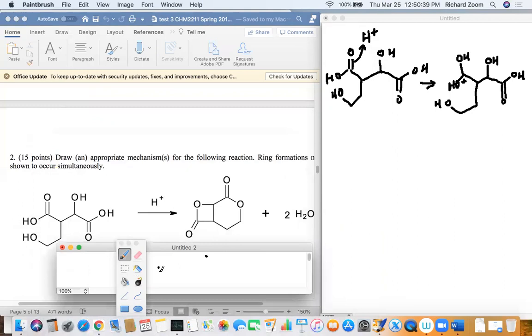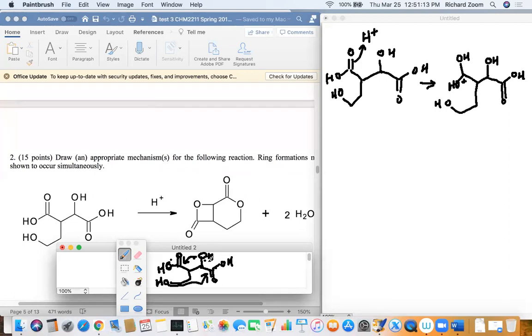All right. So I'm just going to redraw this, kind of doing it in a smaller space here, but I don't need the whole thing. So again, this OH is attacking here and the other OH is attacking here.